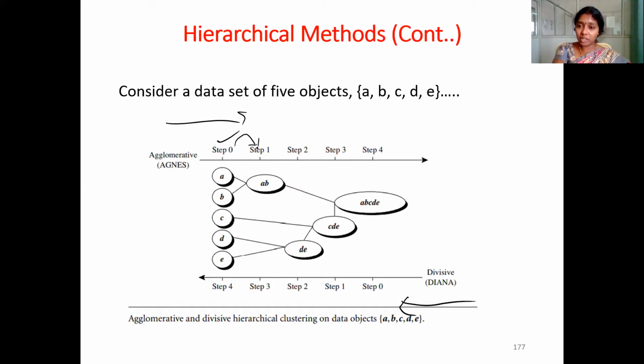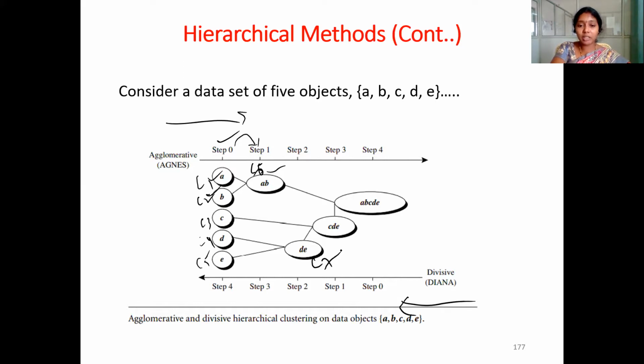From this one can understand that the Euclidean distance between A and B is less compared to the remaining ones. So I can club A, B and form a new cluster here. That means here you have cluster 1, cluster 2, cluster 3, cluster 4 and cluster 5, and this is my cluster 6. After that, in the next stage, I observe that between D and E there is a very small Euclidean distance, so I can form this cluster 7.